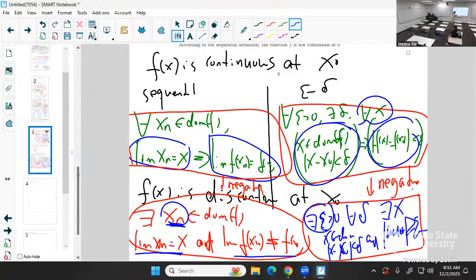Even though you have two choices, when you try to prove something discontinuous at a point, I recommend going by the sequential definition. For sequences, we have learned so many theorems before, and you can apply those theorems. However, if you want to use the epsilon-delta definition, you have to create your epsilon and delta from scratch, which is more complicated.